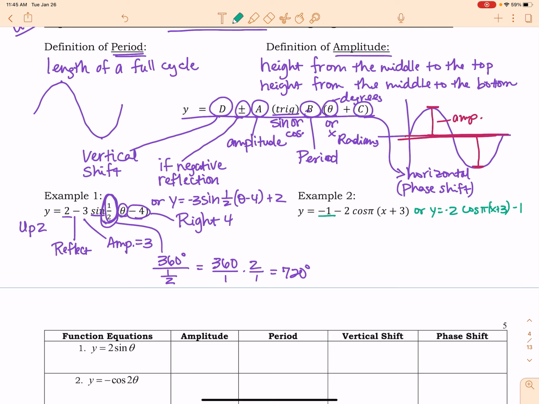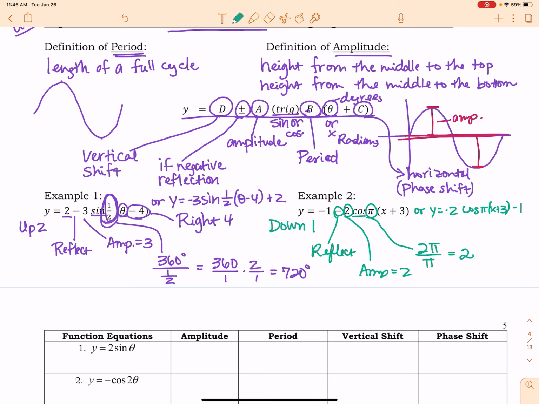This indicates that we are moving down 1. Down 1, there is a reflection. This 2 right here tells me that the amplitude equals 2. We're dealing with the cosine graph. The period of the cosine graph, well, the parent is 2 pi, so I've got to divide that by pi.